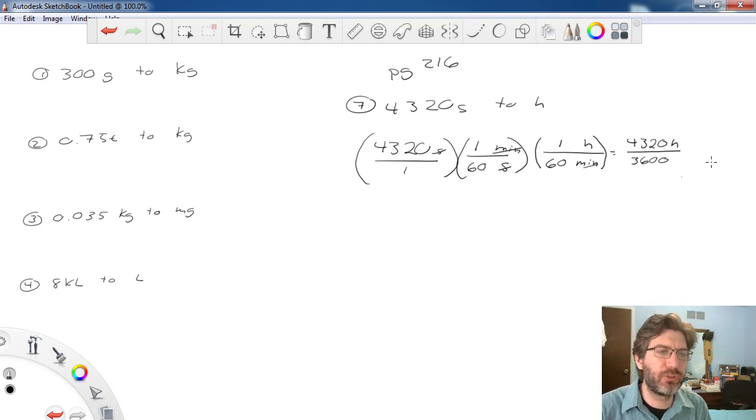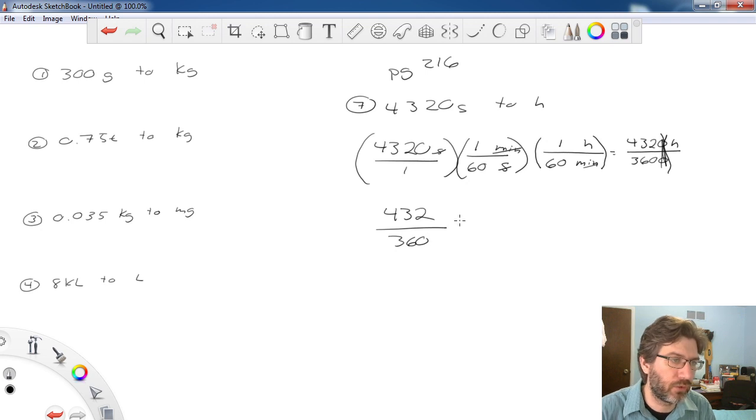So in this case, you just reduce this fraction here. Right away, we can divide each by 10. I'm going to come down here and just reduce it. 432 over 360. Again, you can divide by 10. You can knock off the 2 zeros. I don't know what else goes into these. Obviously, 4 does. But I don't know what it is off the top of my head, so I'm just going to grab the calculator and turn it into a decimal.